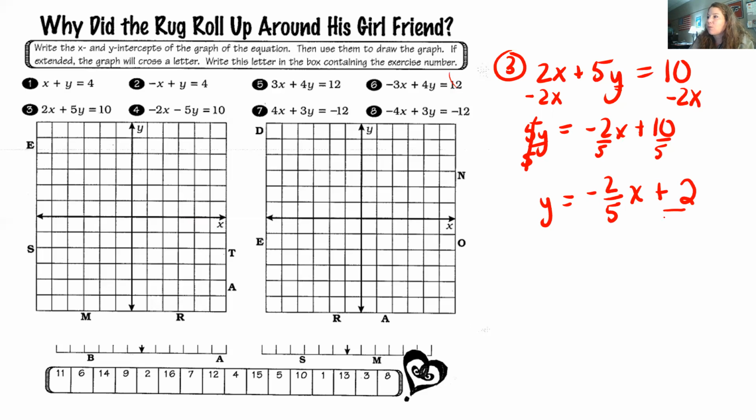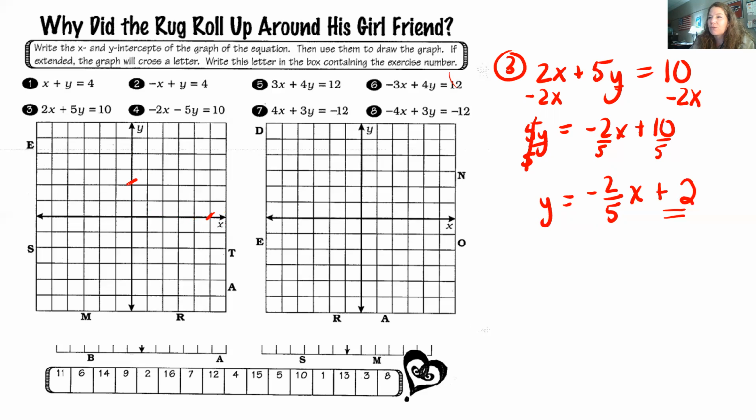I'm going to start with my y-intercept, which is at 0, 2. And then I have a negative slope. My rise is negative 2, so I'm going to go down 2, right 5: 1, 2, 1, 2, 3, 4, 5. Well, this is going to take me off my graph, and there's no letter in this area, which means I need to go back to my y-intercept and do the opposite.